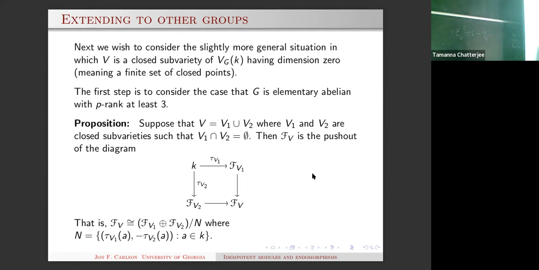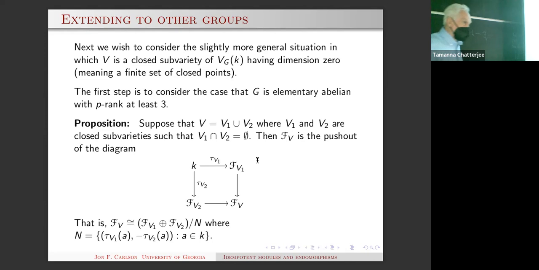So you'd like to know what f of V looks like in that case. That is, when you've got V as the union of 2 closed subvarieties, with intersection 0, different points in this case, then what's f of V?